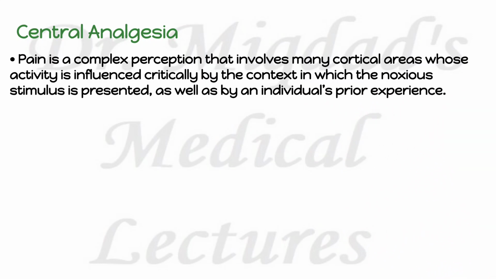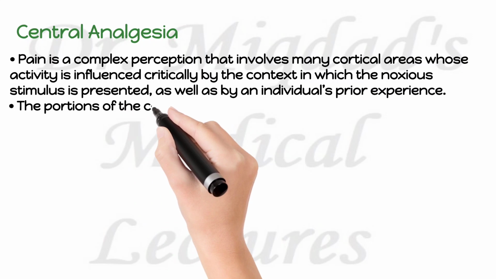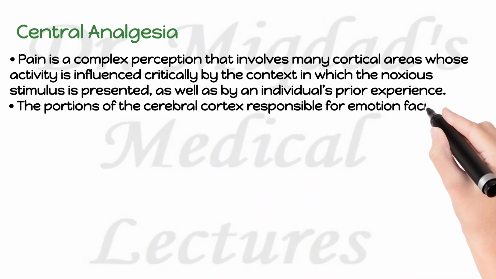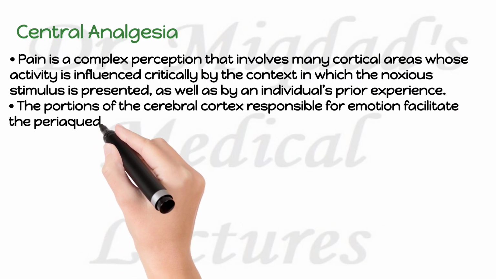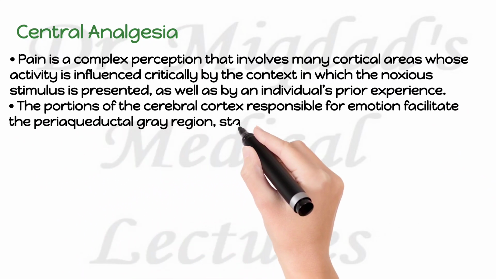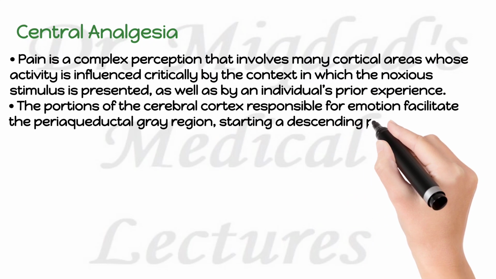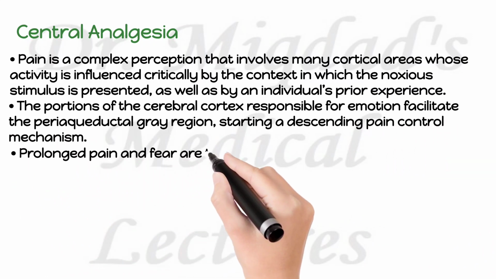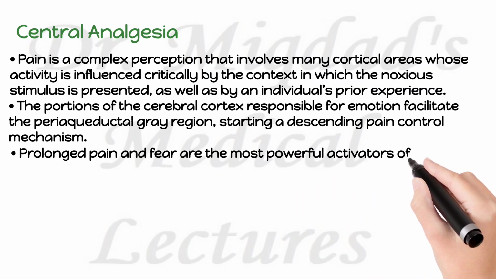Now, as said earlier, here the portions of the cerebral cortex responsible for emotion, like the limbic system, facilitate the periaqueductal gray region, thus starting a descending pain control mechanism. Prolonged pain and fear are the most powerful activators of this endogenous opioid-mediated modulating system.